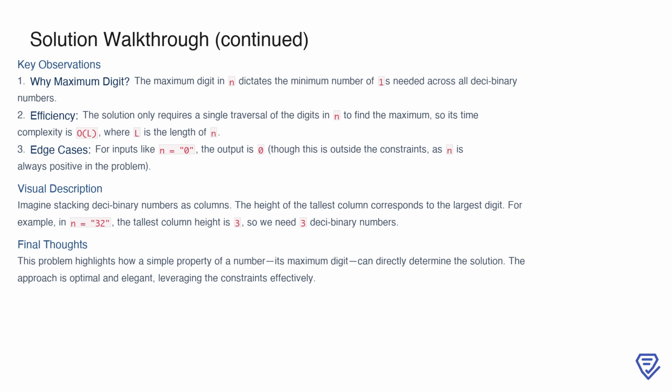To visualize the solution, imagine stacking Deci-Binary numbers as columns. The tallest column corresponds to the largest digit. For example, in n equals 32, the tallest column has a height of 3, so we need 3 Deci-Binary numbers. This problem illustrates how a simple property, like the maximum digit, can lead to an elegant and optimal solution.